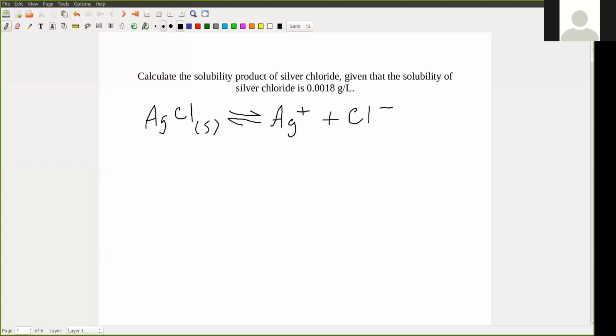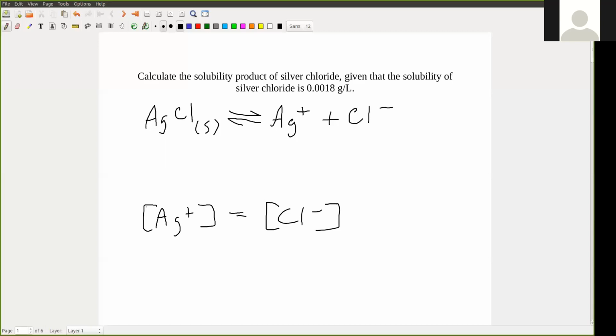But in this case, what we want to recognize is that if we do a charge balance equation, which means that if we take these species and we think about them in terms of charges, we want our positive charges to equal our negative charges. So that means that the concentration of silver plus has to equal the concentration of chloride minus in order for us to have a neutral species of AgCl.